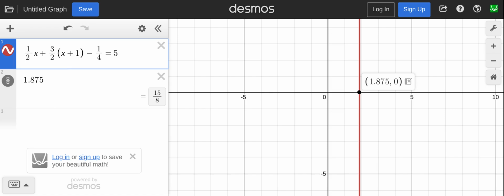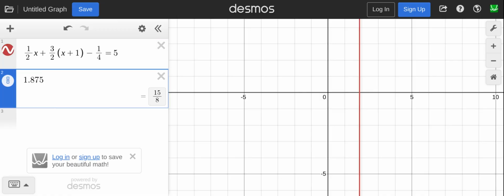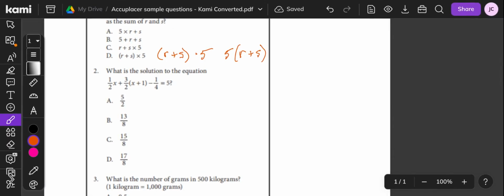So if you want to change that to a fraction, you can put that 1.875 in a line on its own and hit this icon that's right there. It shows it as a fraction, 15 over 8. Then I can go back here and I can see that 15 over 8 is one of my choices.